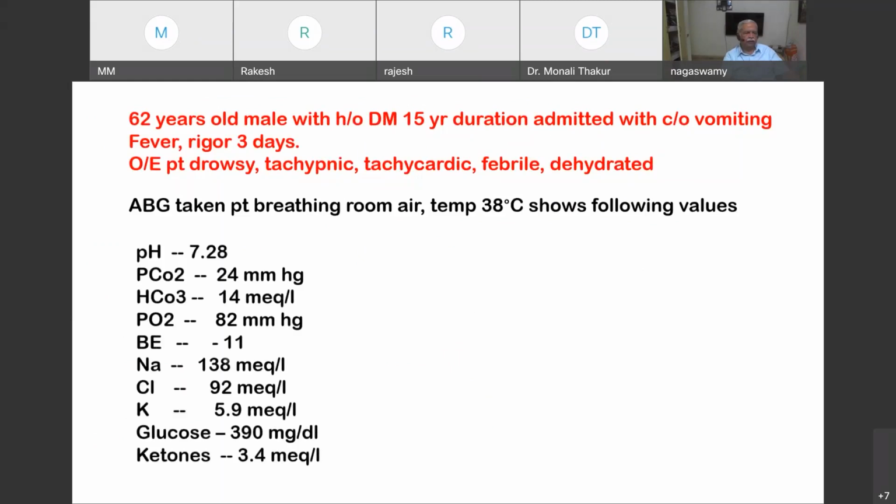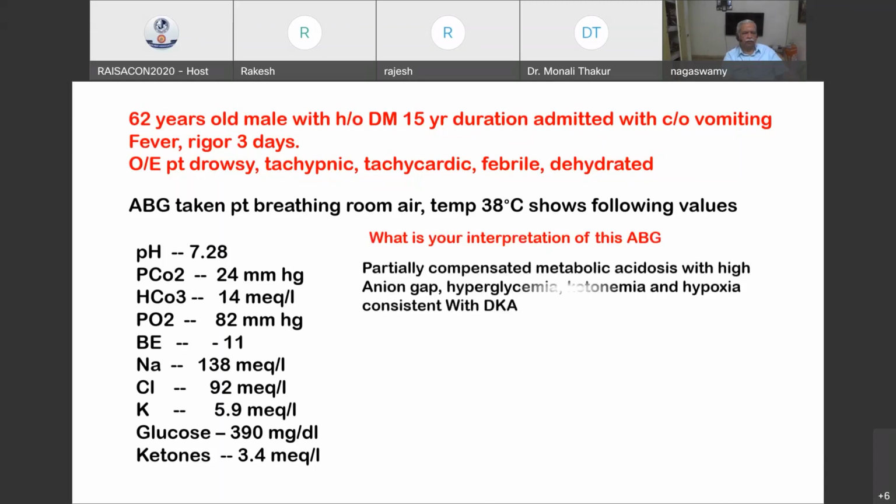These are the findings. pH is 7.28, PCO2 24, bicarb 14, PO2 82, PE 11, sodium 138, chloride 92, potassium 5.9, glucose 390, ketones 3.4. What is your interpretation of this ABG? Partially compensated metabolic acidosis with high anion gap, hyperglycemia, ketonemia, hypoxemia consistent with DKA.